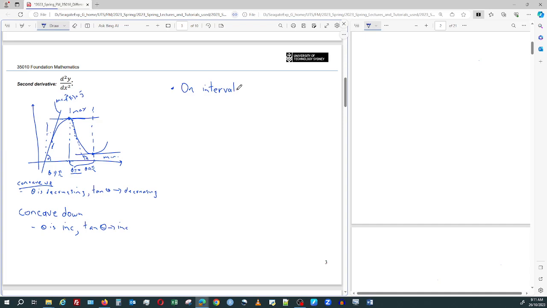On our intervals where the second derivative is positive, we can say that the function is concave up.